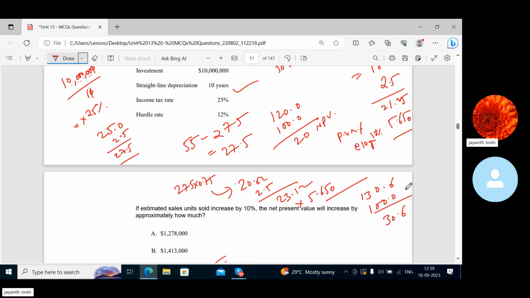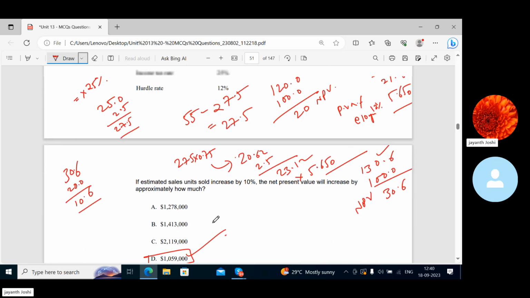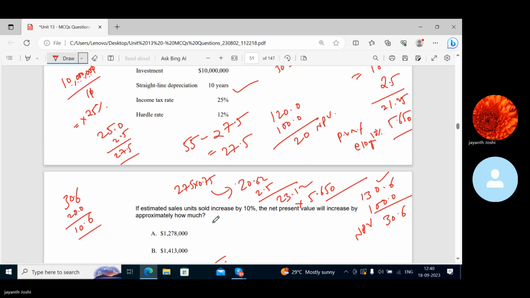And this is like 20 is the NPV with increased sales, 20 is the NPV before the increment. The difference, okay. 10.6 is approximately 10.59, right? Yes, sir. Okay. Done, sir.